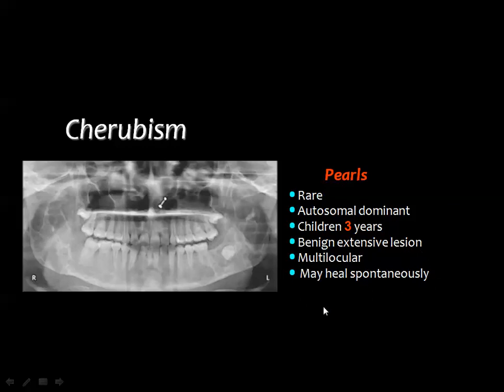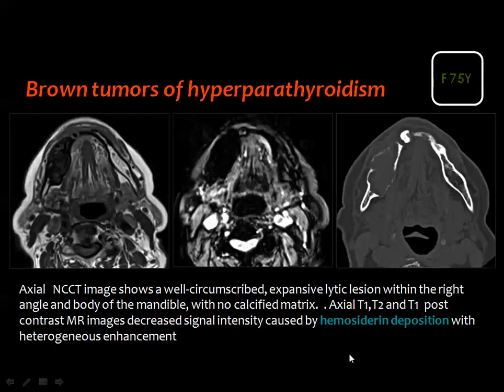Then we have mentioned that the giant cell granuloma may have the appearance of cherubism and brown tumors of hyperparathyroidism. Of course, the brown tumors of hyperparathyroidism can appear in the mandible similar to any other parts of the body.